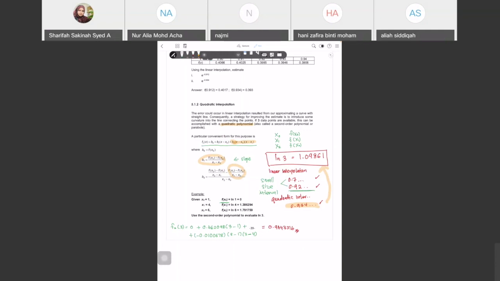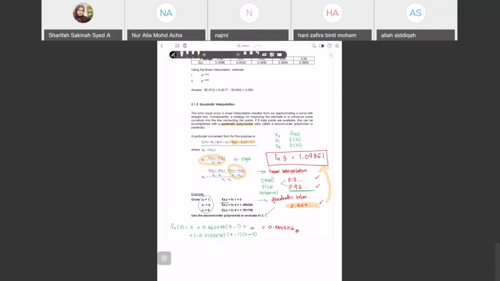In some cases, instead of using linear interpolation, we can implement quadratic interpolation. But if you remember, quadratic calculation is more complex. And again, if the size of the interval is small, you can also get a better result.